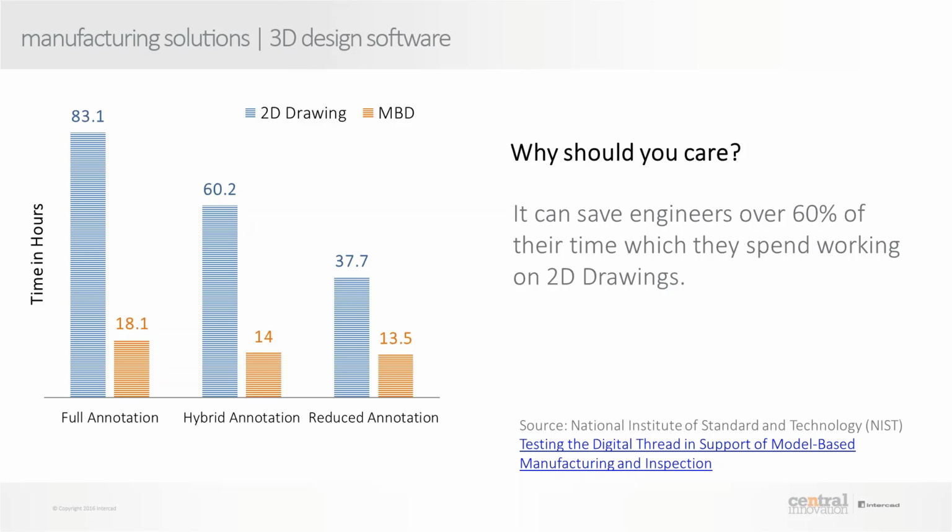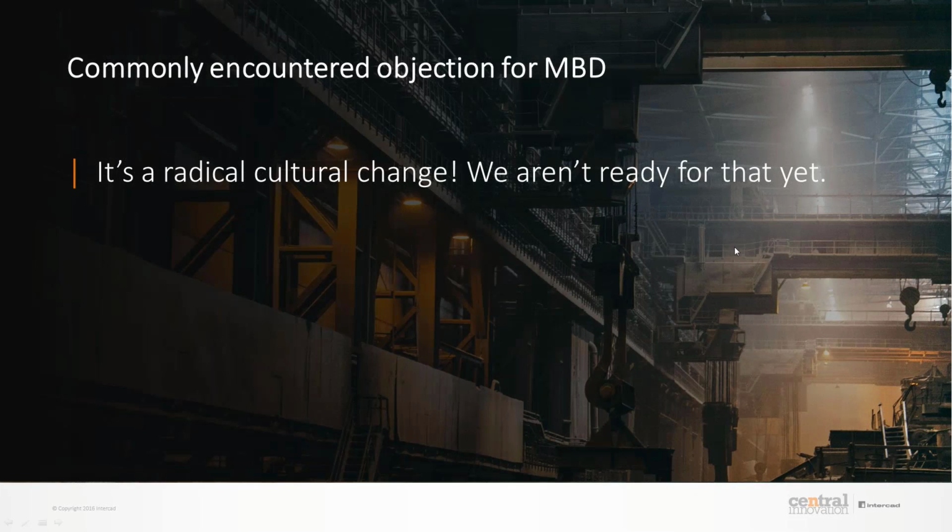They tried it in 3 different ways. One was with full annotation using MBD, and there was hybrid annotation as well as reduced annotation. Looking at all this, what they found was that the conventional method of developing took them 83 hours. They were managing to do that in 18 hours just using MBD. So that's the kind of time saving we're talking about.